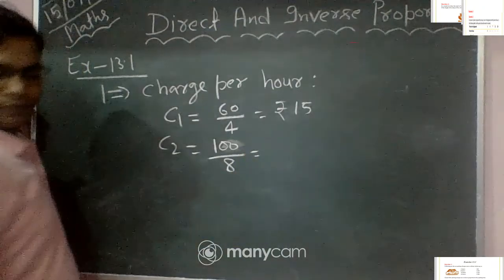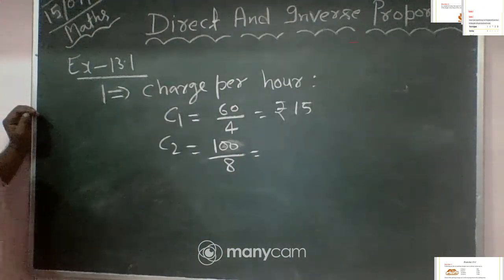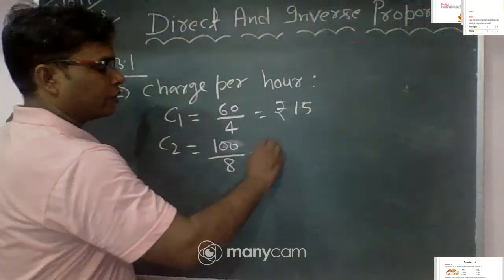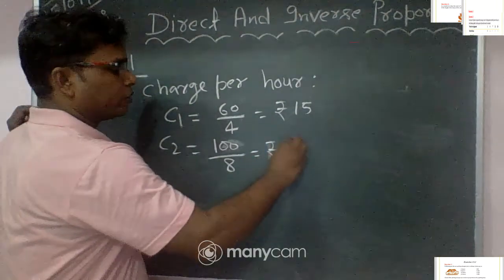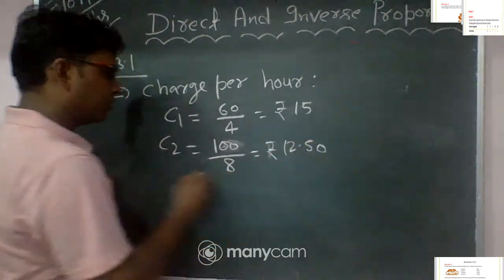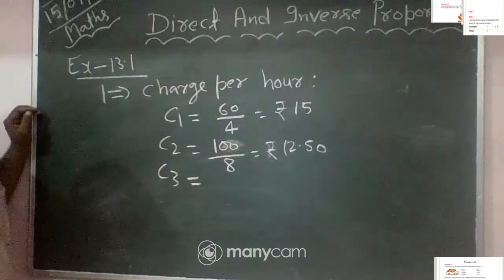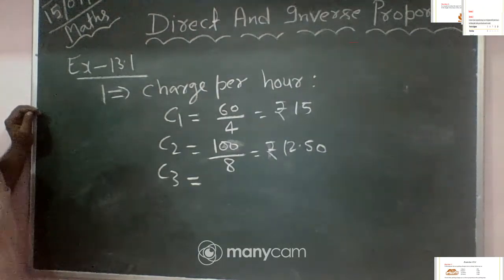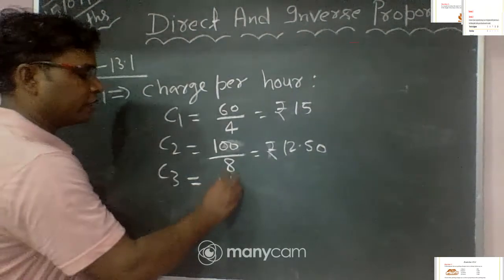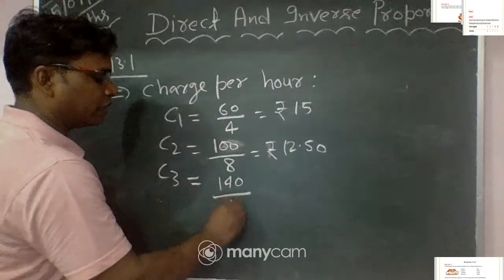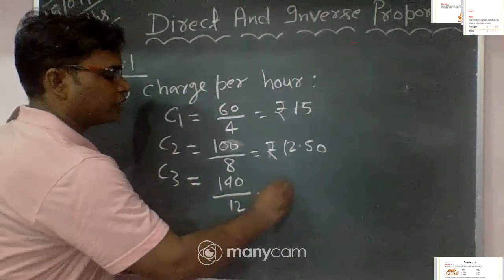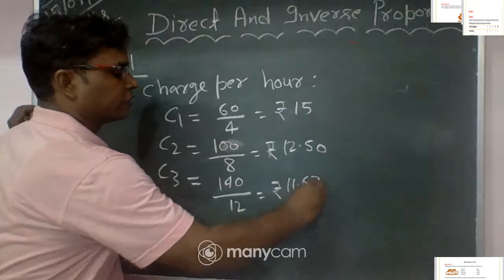This is equal to 12.50 rupees. C3, charge per hour for the third parking, is 140 rupees for 12 hours. This is equal to 11.67 rupees.